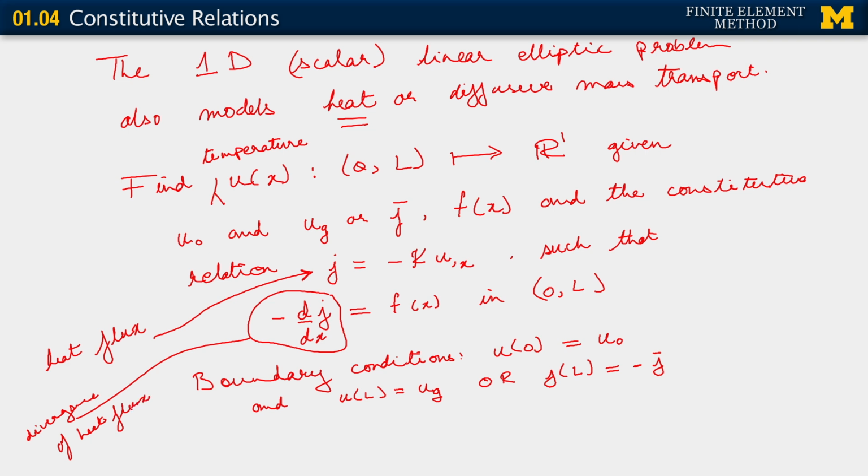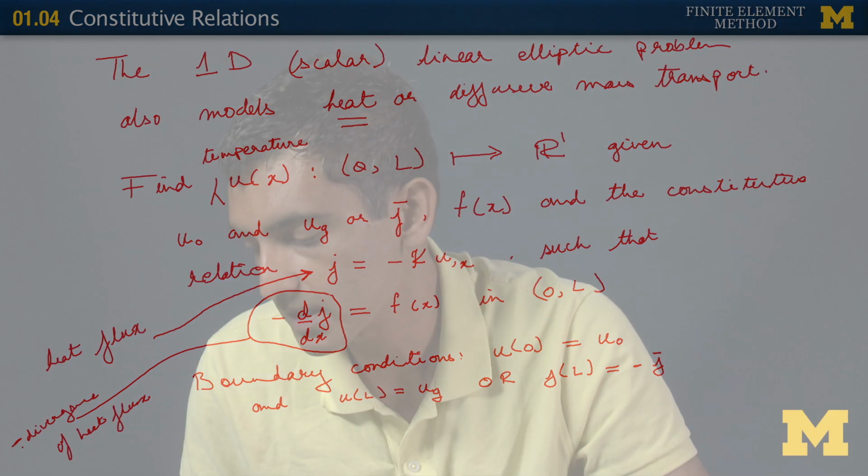In the context of heat conduction, this would be the negative divergence of the heat flux. What we would be saying is that the negative of the divergence of the heat flux is the amount of heat you're supplying to a particular little volume element in this domain of interest.